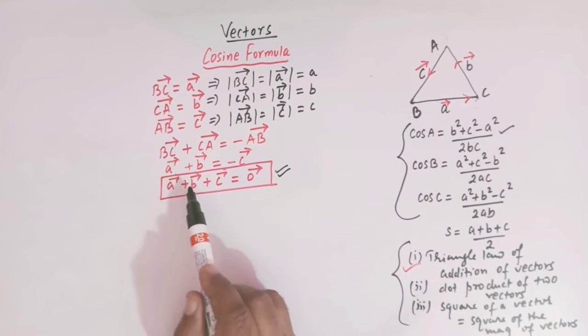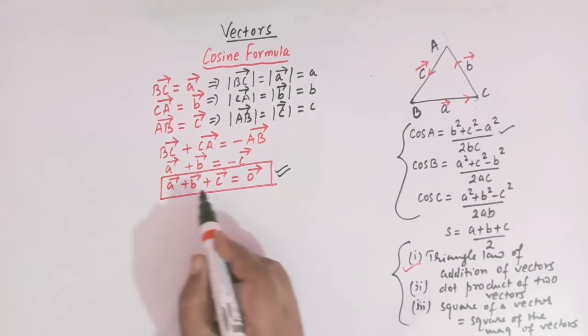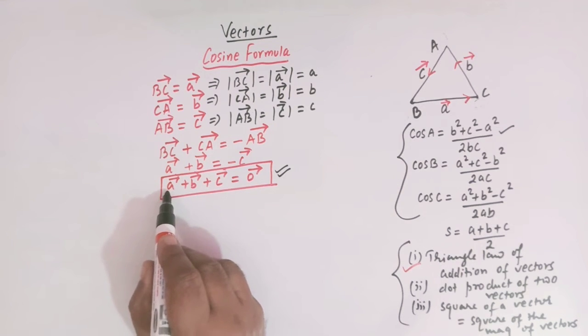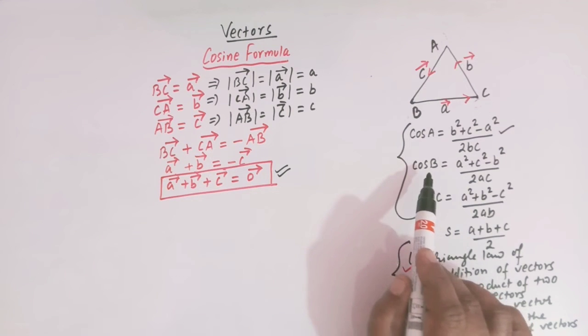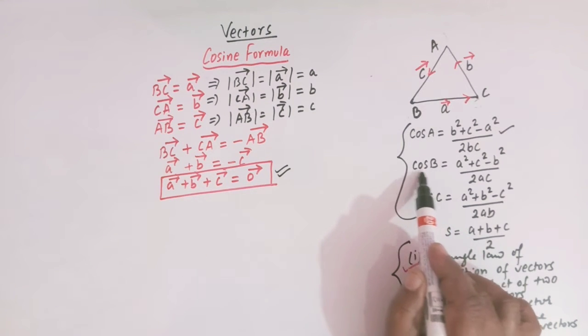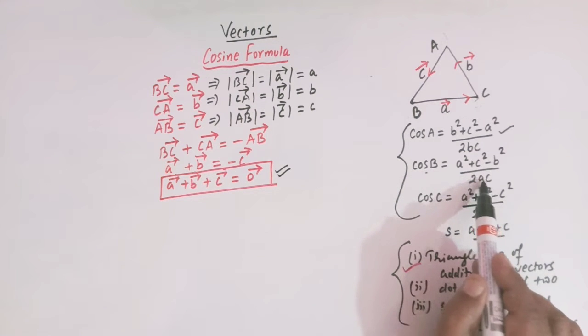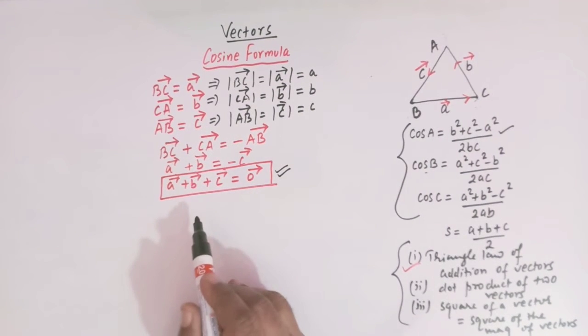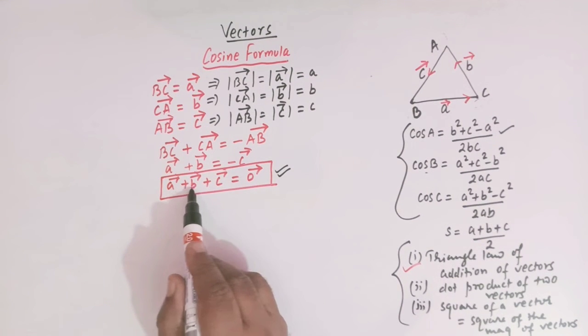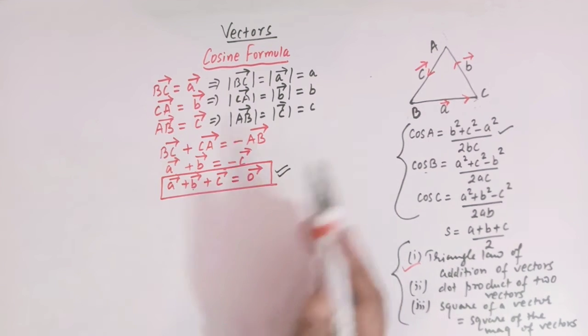To derive the cos B relation, where we have the product of a and c, we would transpose vector b to the right hand side.